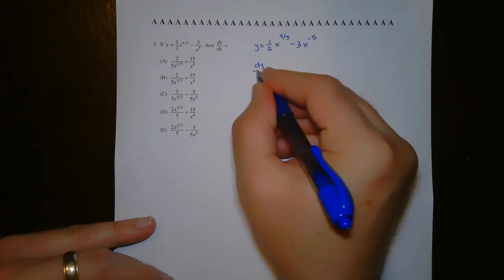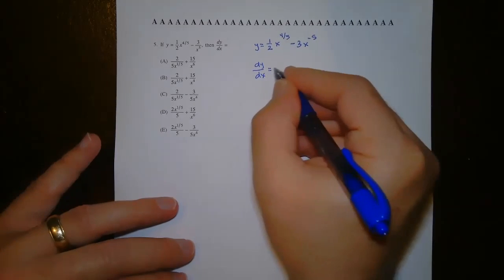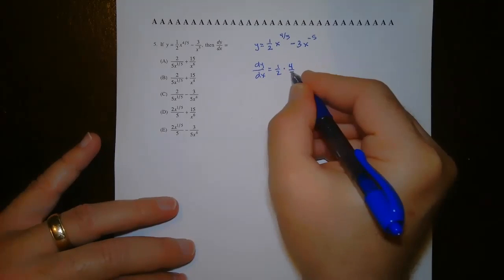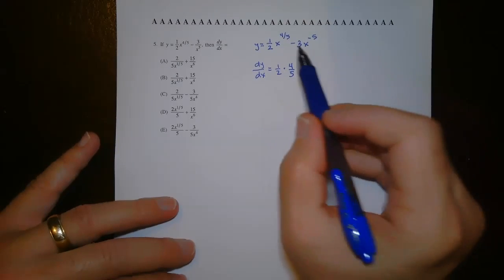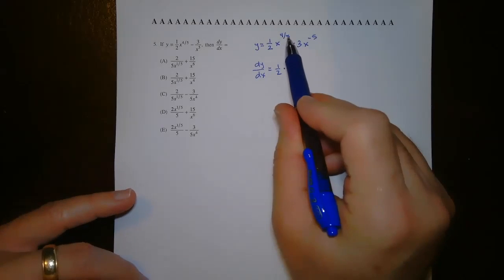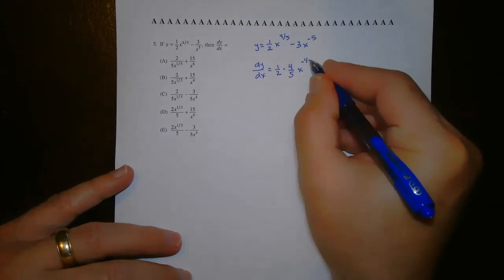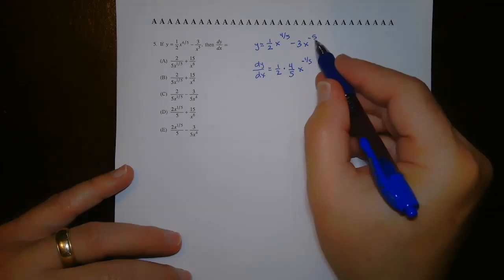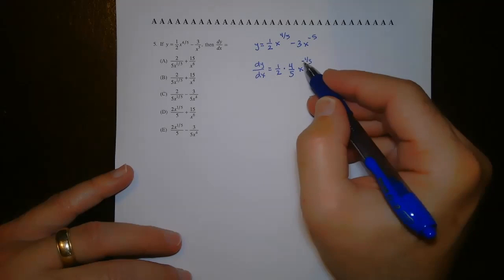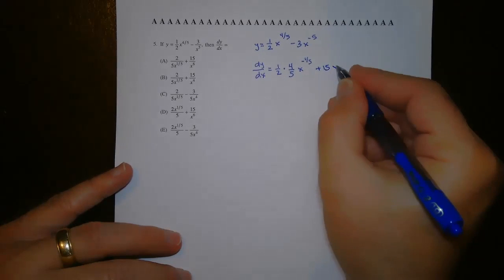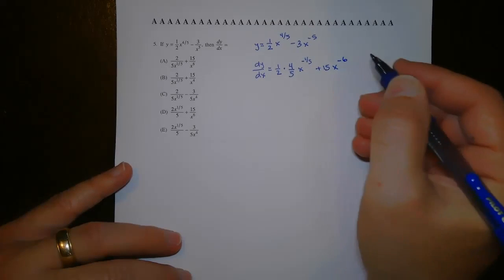So dy over dx would equal 1/2 times, my power will come down, so 4/5 x to the, and then I got to subtract 5/5 from the 4/5, right? Because I got to subtract 1. So that becomes negative 1/5. And then negative 3 times negative 5, because I got to bring the power down and multiply it by it. So that'd be plus 15 x to the negative 6.